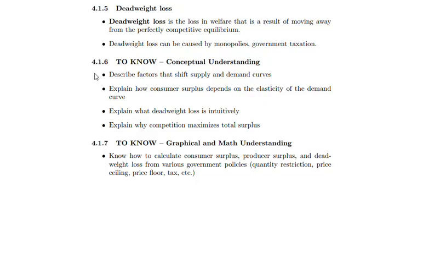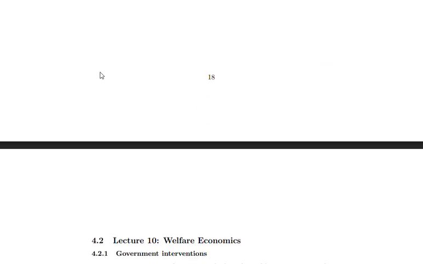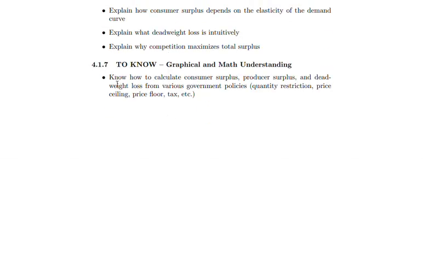Explain why competition maximizes total surplus. And you need to know how to calculate consumer surplus, producer surplus, and deadweight loss from various government policies, like quantity restriction, price ceiling, price floor, tax, etc.